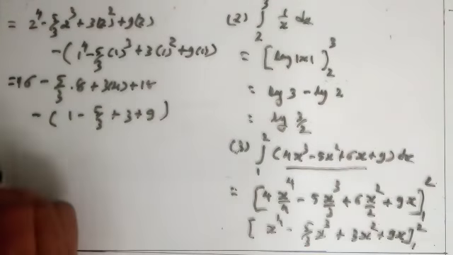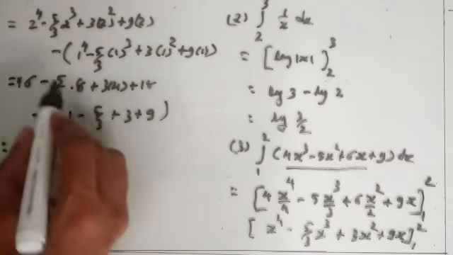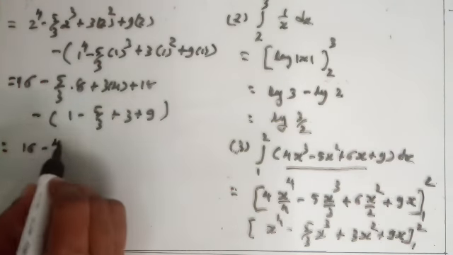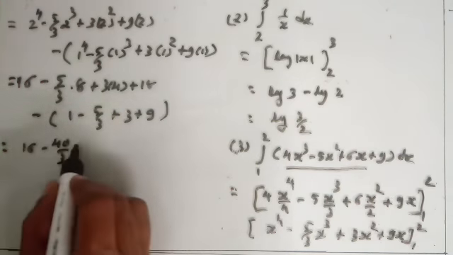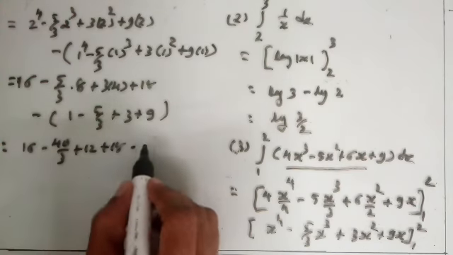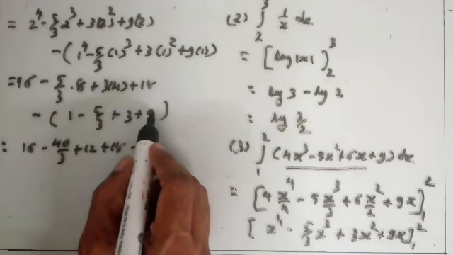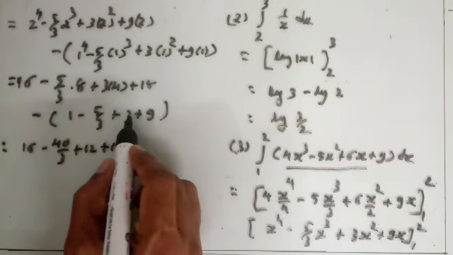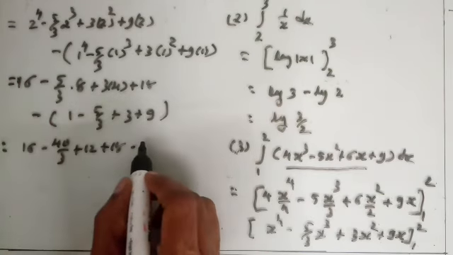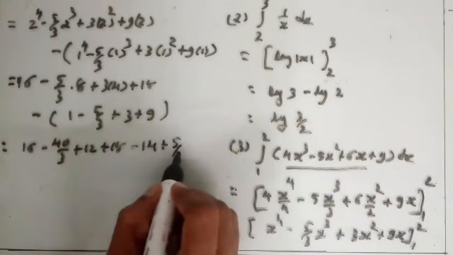Bracket over. Now simplify: 16 minus 40 upon 3 plus 12 plus 18, minus, taking the minus inside, 9 plus 3 is 12, plus 1 is 14. So minus 14 plus 5 upon 3.